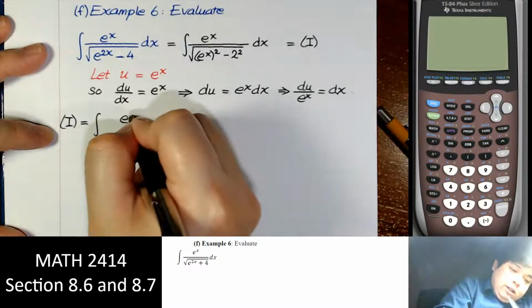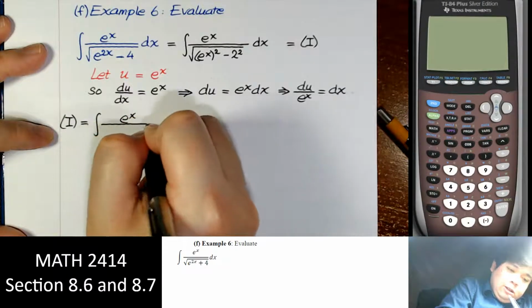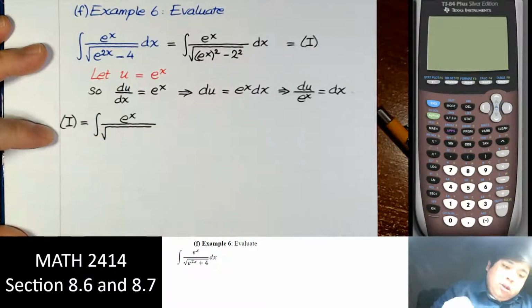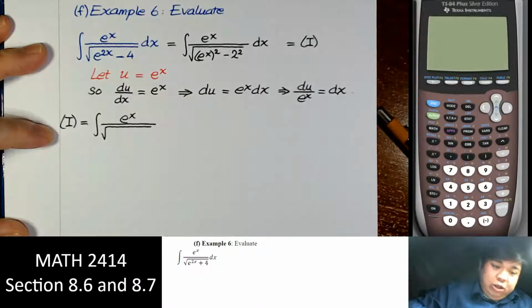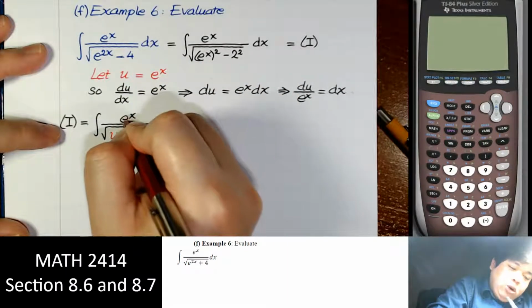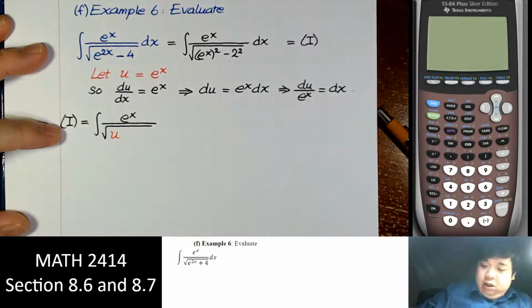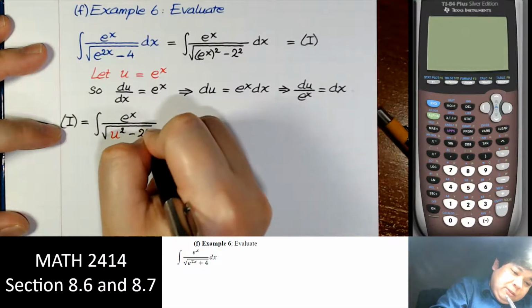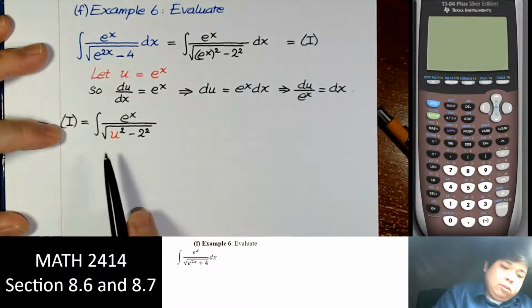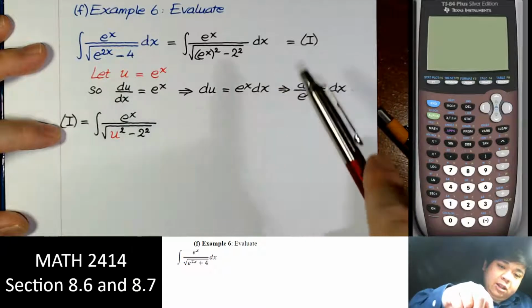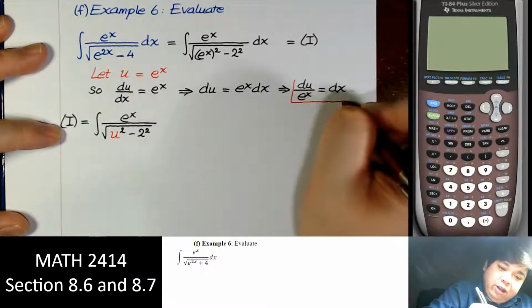E to the x here is going to be u. I should have written that u as well, but that's fine. dx is du over e to the x.